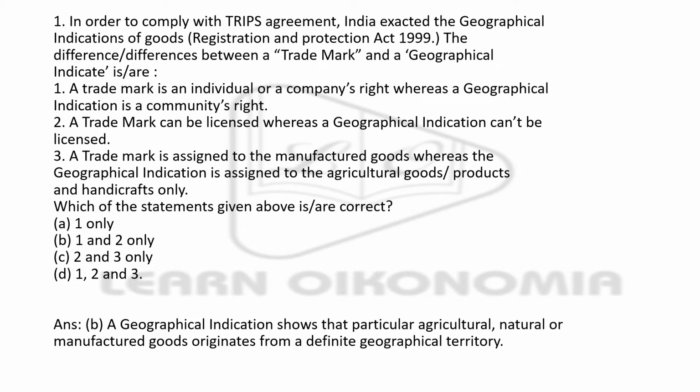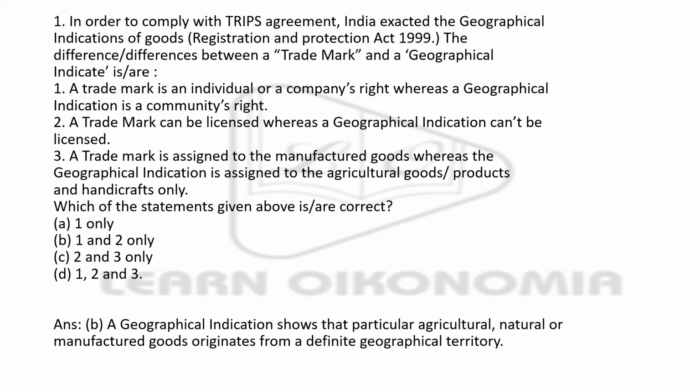So coming to agriculture goods and industrial goods, at this difference you have to understand the right sense is that a geographical indication shows a particular agriculture or a natural or a manufactured goods originates from a definite geographical territory. That means that geographical indication can be applied to a product which is manufactured as well.